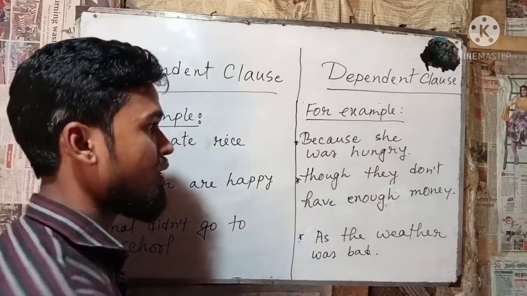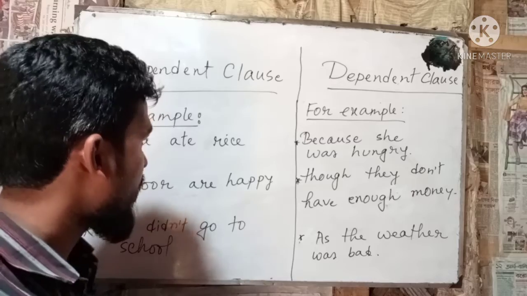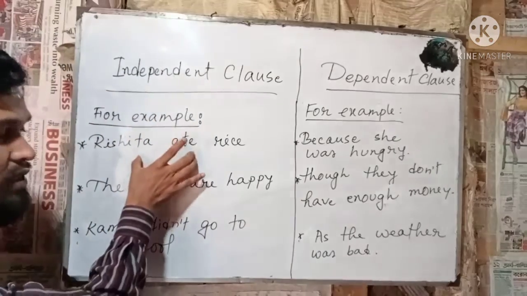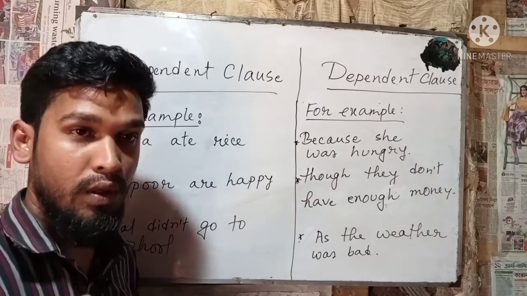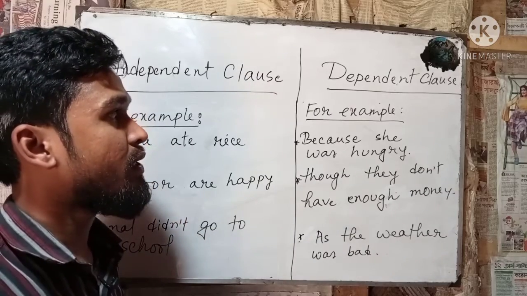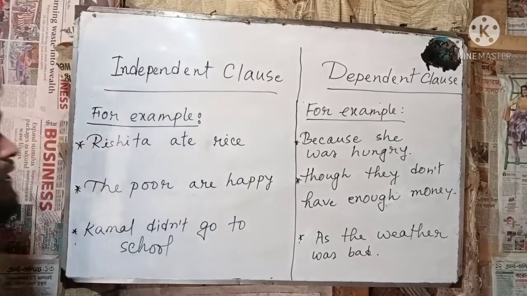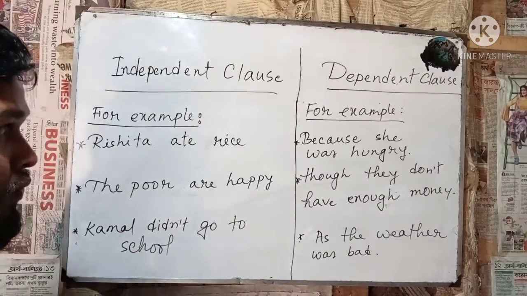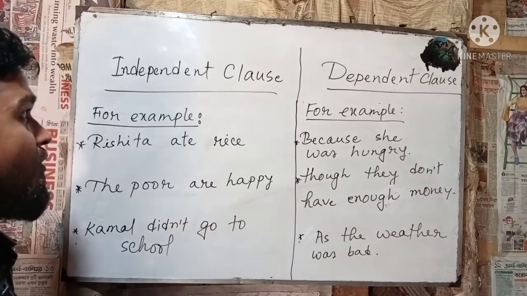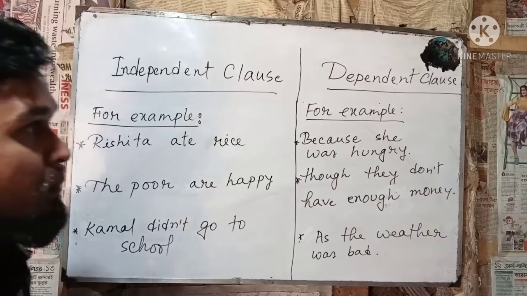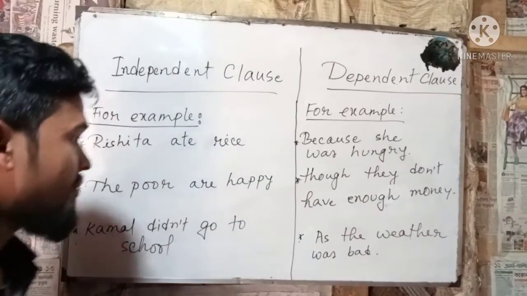Because she was hungry doesn't make a complete thought without help of this sentence. So to make a complete thought, a dependent clause needs an independent clause. Without the help of an independent clause, a dependent clause cannot make sense on its own.